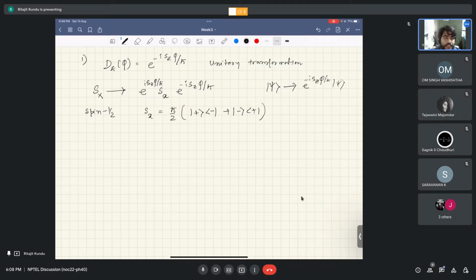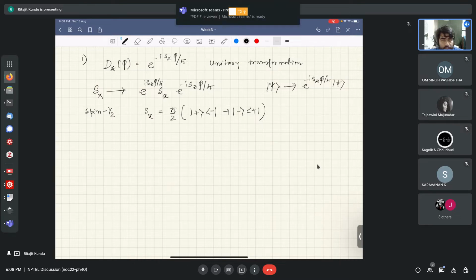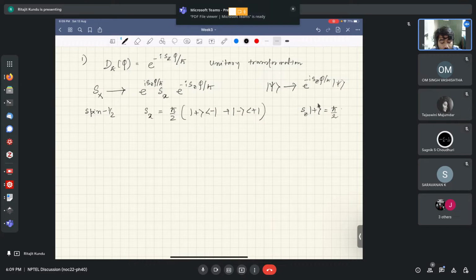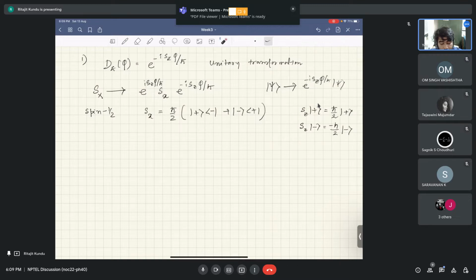I am writing the Sx operator in terms of the eigenstates of Sz, because Sz is an operator which I am considering to simultaneously commute with the Hamiltonian and with S squared. Just to make it concrete, Sz acting on plus gives plus h bar by 2 times plus, and Sz acting on minus gives minus h bar by 2 times minus. So this operator Sx you can write in terms of this Sz.